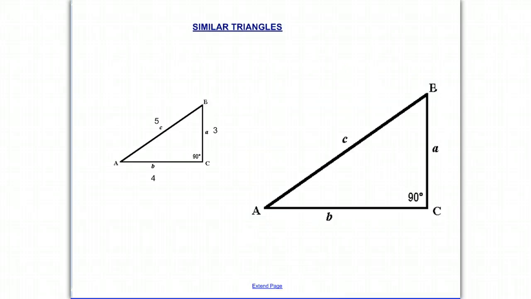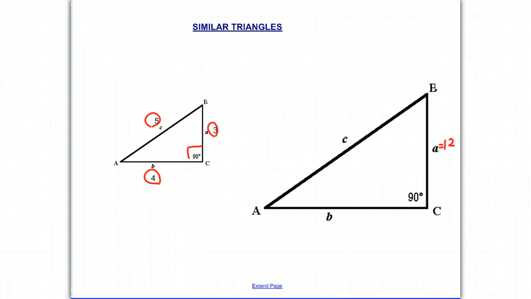And let's say I knew the sides of this small triangle are 3, 4, and 5. We're picking nice whole numbers to make life easier for you. And let's say I said to you, this side A was 12. And I said, find the other sides.